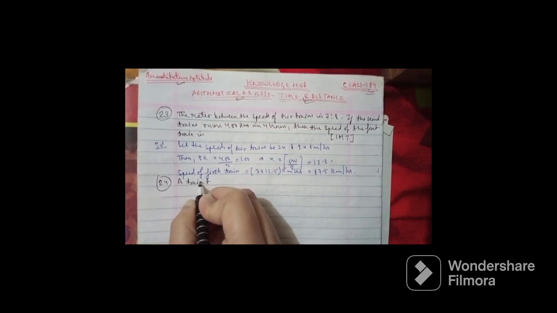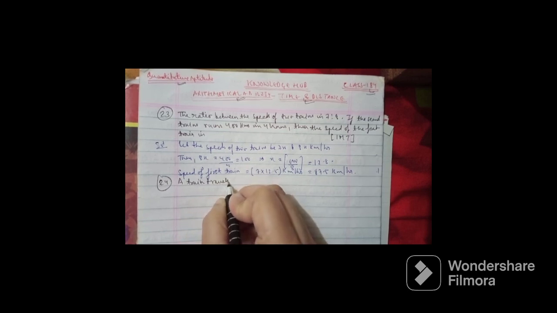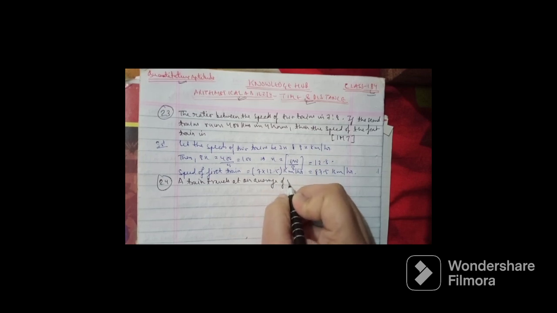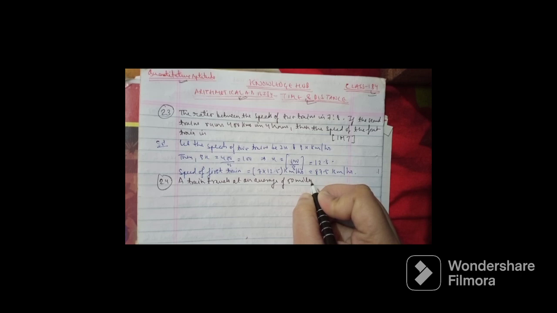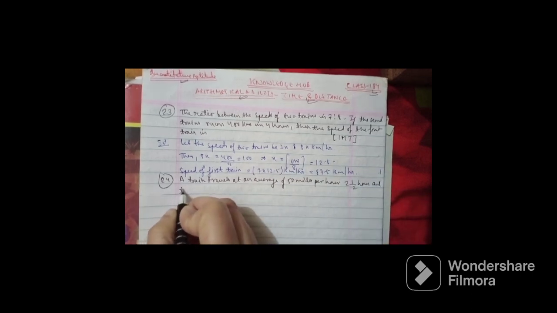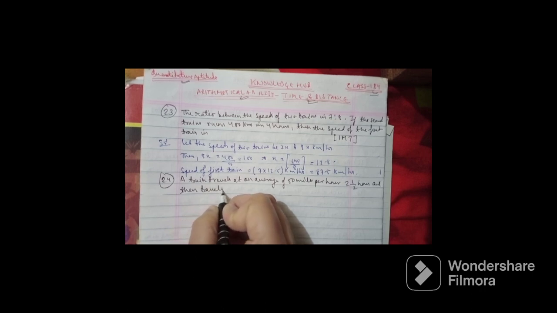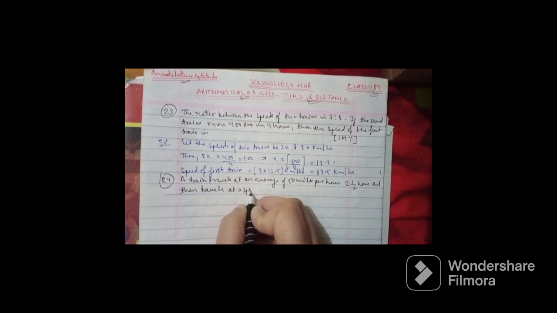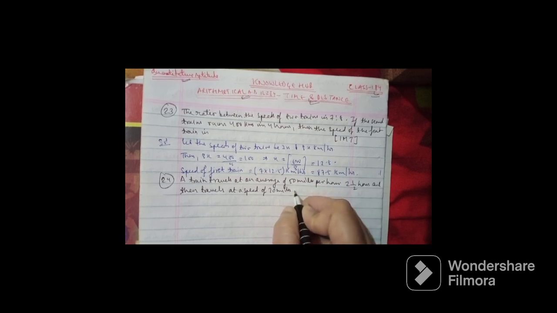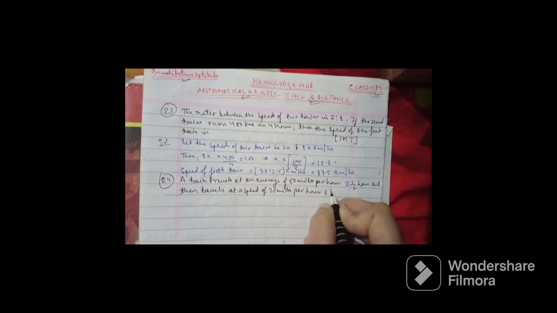A train travels at an average of 50 miles per hour for 1/2 hours and then travels at a speed of 70 miles per hour for 1 by 2 hours.